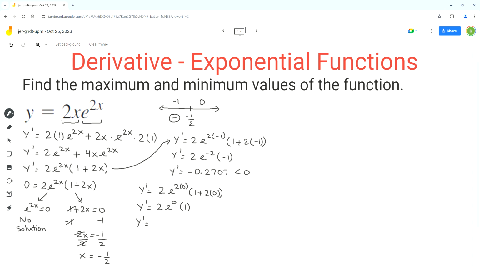Now 2 times, e to the power 0 is 1. So the result will be 2, which is greater than 0. That means the function is increasing on the right side of this critical number. Now since the function is decreasing on the left side and increasing on the right side, that means there is a local minimum at this critical number.